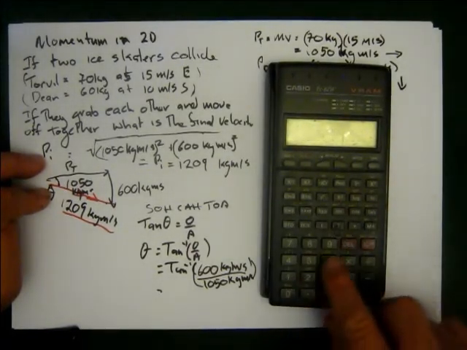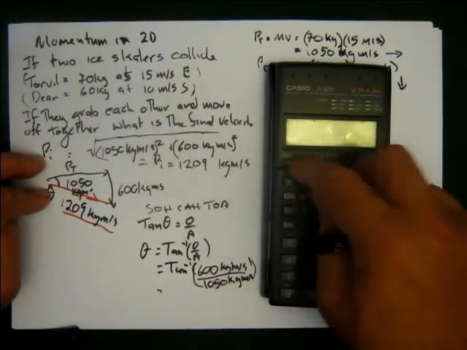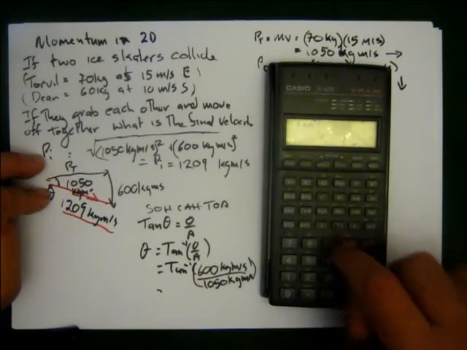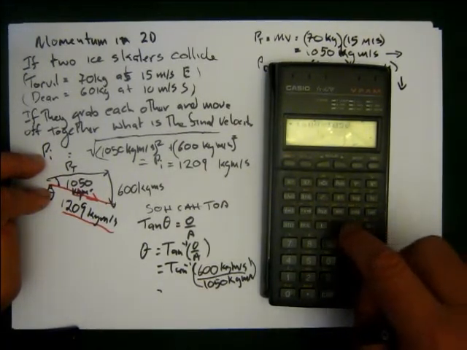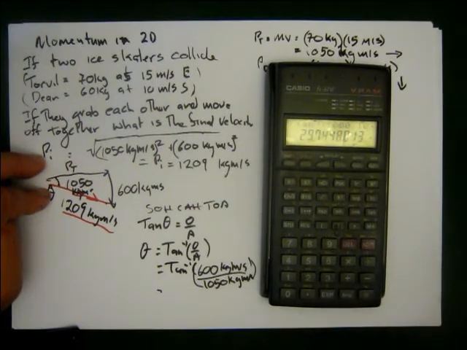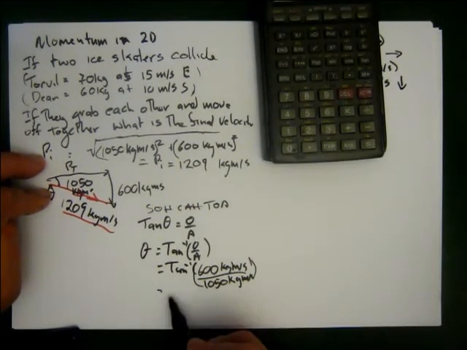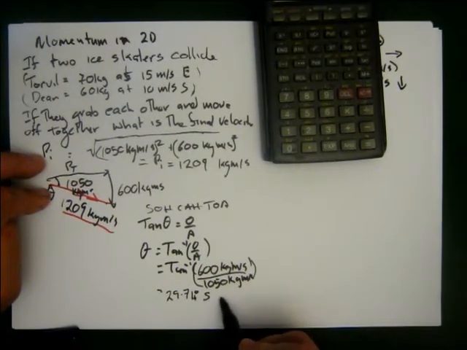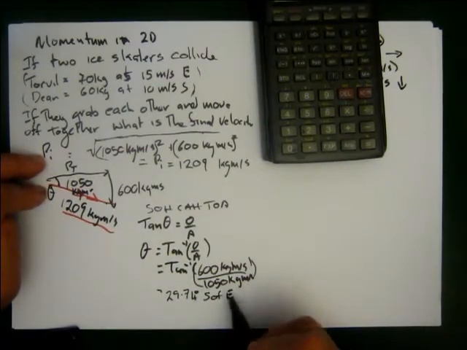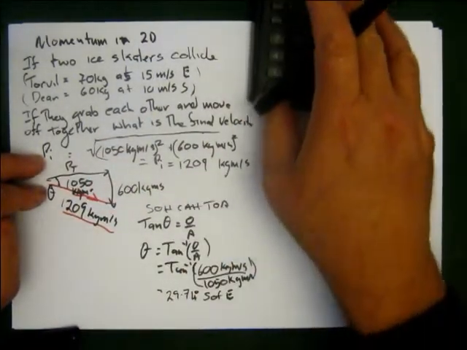Well, it's what they invented calculators for. Tan inverse 600 divided by 1050 equals 29.74 degrees south of east.